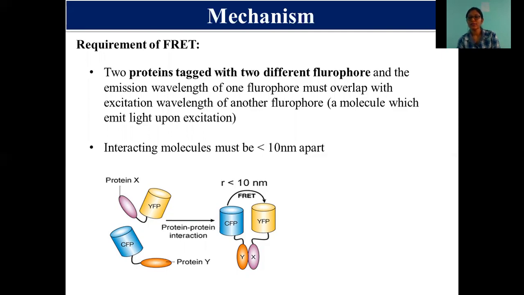They get the overlapping spectrum with each other when the emission wavelength of the first fluorophore molecule is similar to the absorption wavelength of the second fluorophore molecule. Suppose in this diagram you can see that this is a protein X which is labeled with the YFP fluorophore molecule. This is a protein Y which is labeled with CFP, and here the objective is to study the interaction between these two proteins, protein X and protein Y. So to study the interaction between these two proteins, we label them with two different dyes.